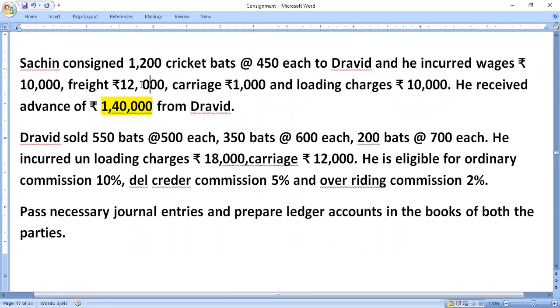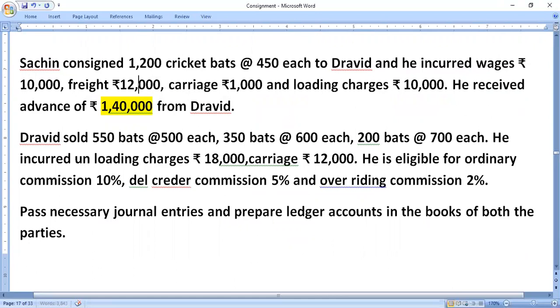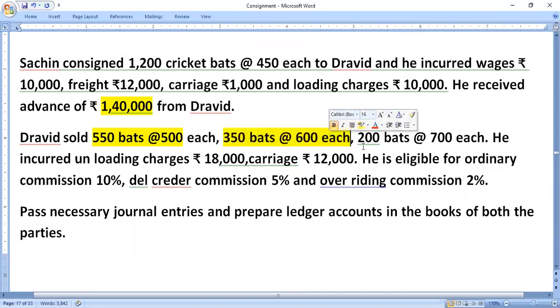Dravid sold 550 bats at 500 each, the first sale. Second sale, 350 bats at 600 each. And third sale, 200 bats at 700 each.